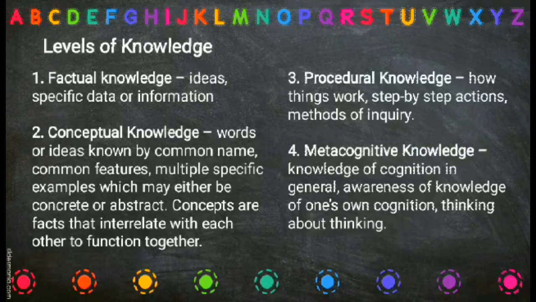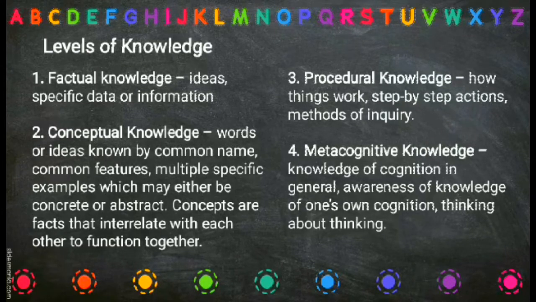Concepts are facts that interrelate with each other to function together. To put it simply, it is a knowledge that derives from concepts. Next is procedural knowledge. It is how things work, step-by-step actions, methods of inquiry. In simpler terms, it is a knowledge that derives from procedure.